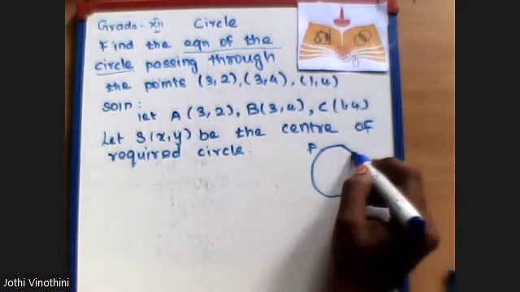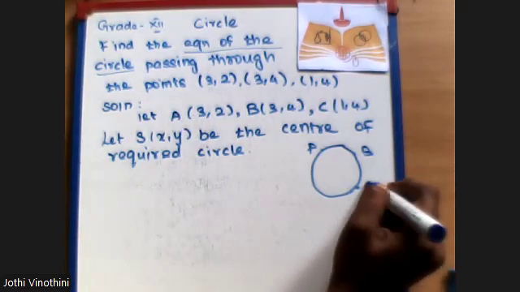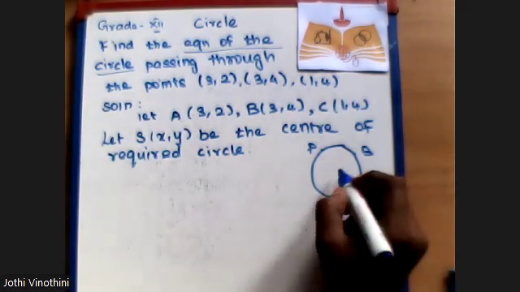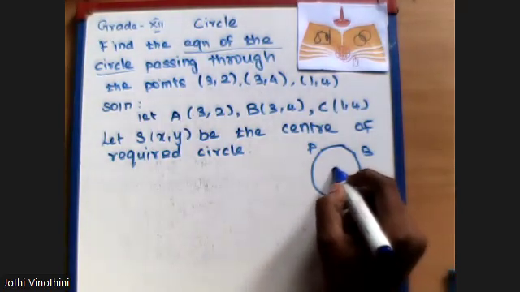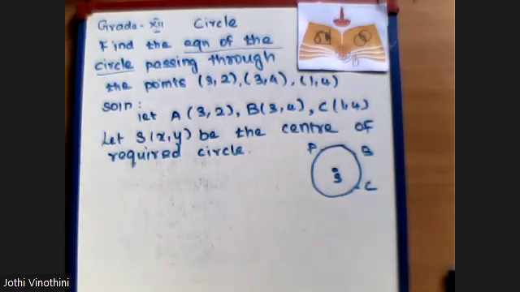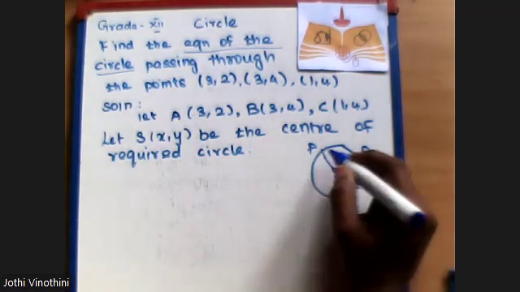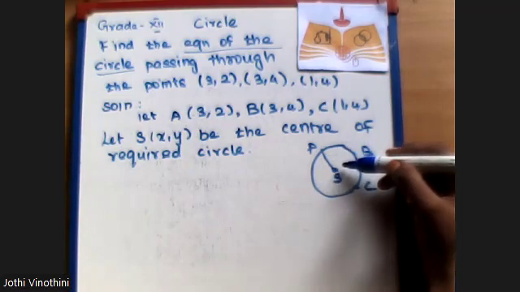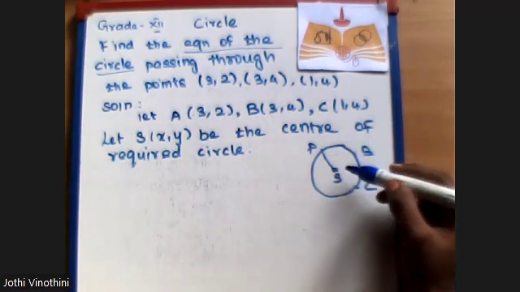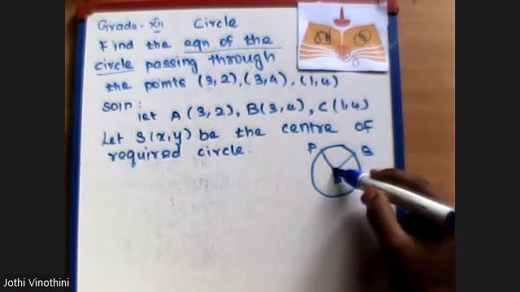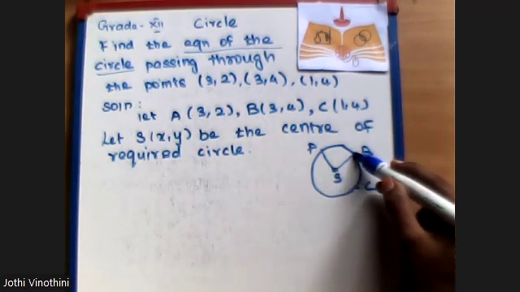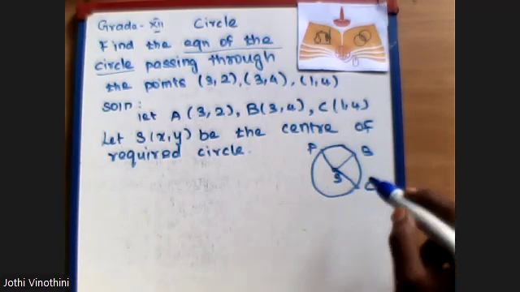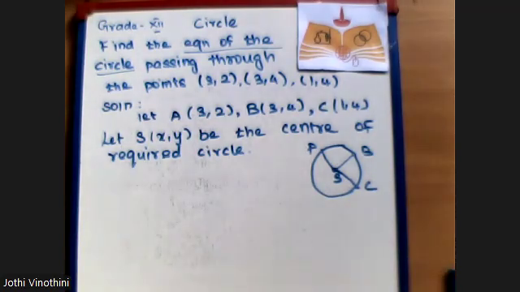Point A is somewhere, point B is somewhere, and point C is somewhere on the circle. And here is going to be our center S. If I draw a line joining A and S, it will act as a radius. Whenever a line is from the center and ends on the circle, it will act as a radius.